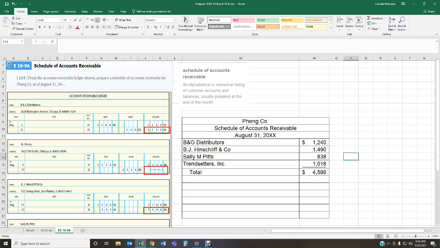Right now, because we're in introductory level courses, we don't go to that level, but just know that you might see that in the future, where it's not just the balance and the name of the customer, but also the number of days the receivables have been outstanding. But this is basically your schedule of accounts receivable. It just summarizes the accounts receivable in alphabetical order, to simplify and know who owes us what.